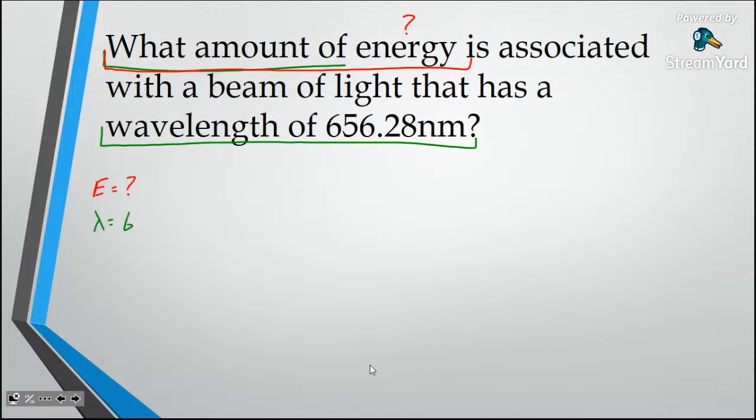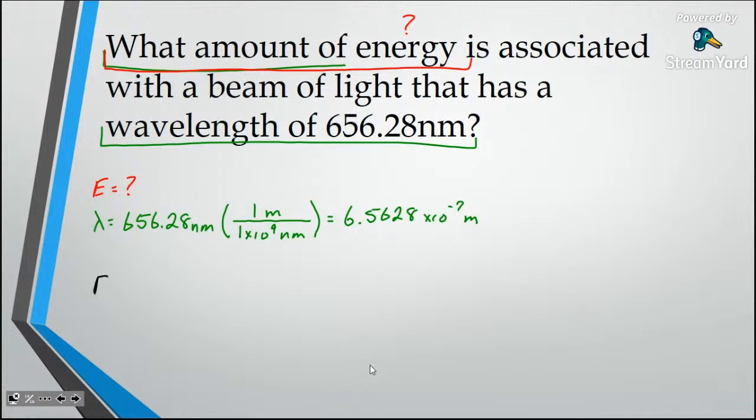Lambda is given to us as 656.28 nanometers, which means we are going to have to convert to meters. But we can do that easily by recalling that there is 1 meter for every 1 times 10 to the 9th nanometers. When you do that, you should get 6.5628 times 10 to the negative 7th meters.